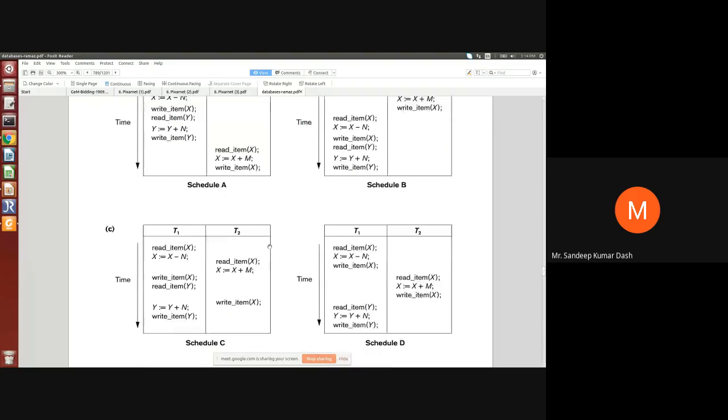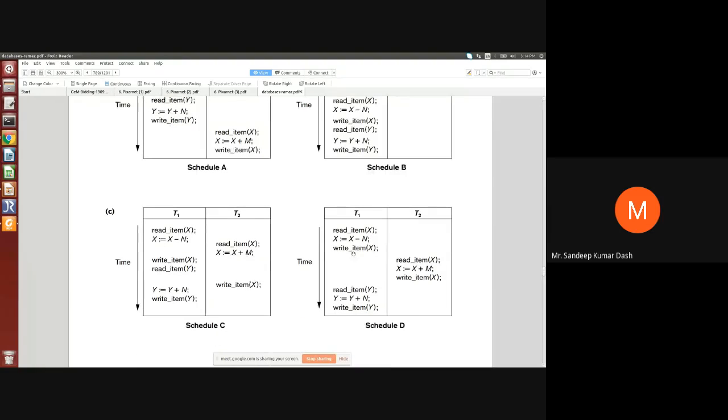But interleaved schedules may create problems. They may take the database to an inconsistent state, like this one was not proper, but this one was proper. So how do you know which interleaved schedule is good? Because that day we also saw that serial schedules are not better than interleaved schedules. Interleaved schedules are always preferred.